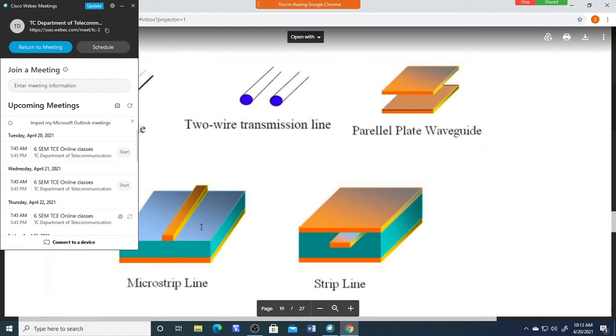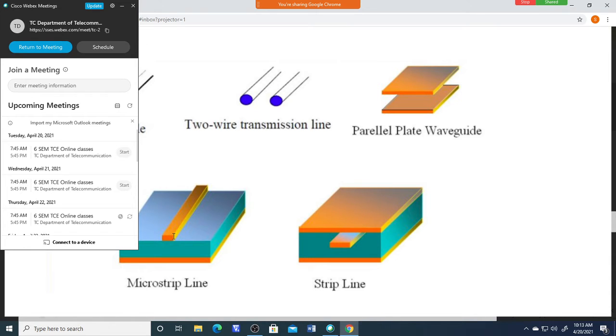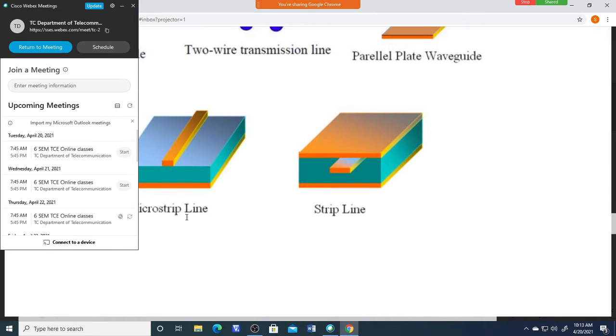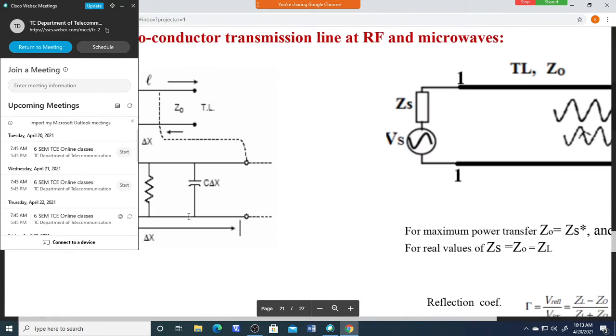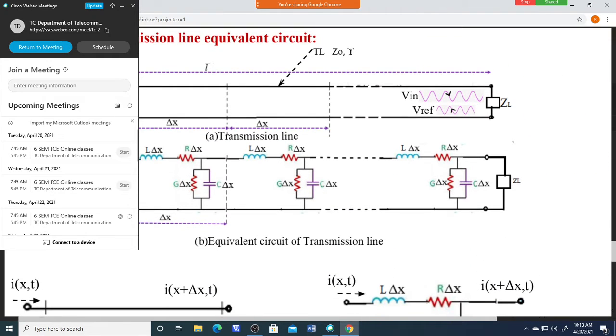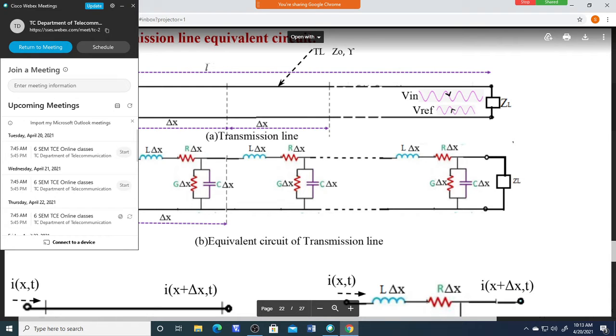So for all these transmission lines we can calculate L, C, G and R using the structure dimensions. Those equations we will see in the next class, how they are related to the physical dimensions. That table is there, I will provide you the table. Using that table, the expressions are there for every transmission line for values of L, R, C. Substituting the dimensions you can find out what these values are.